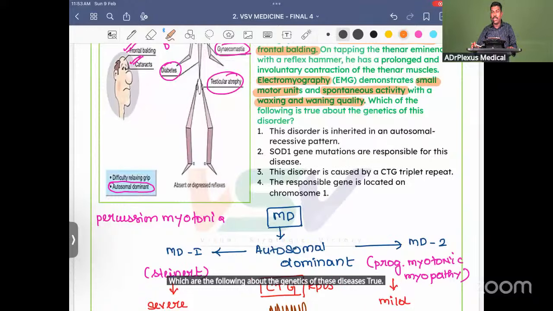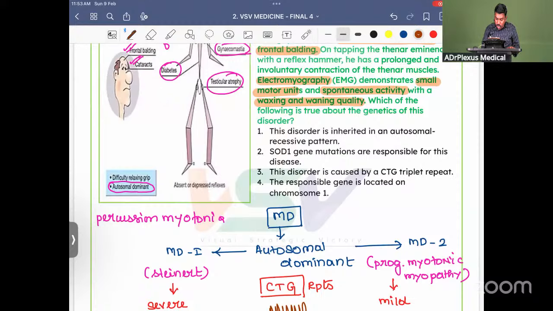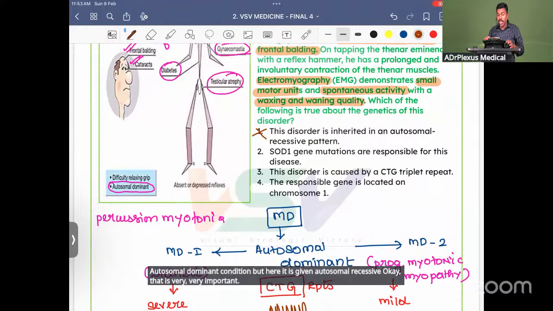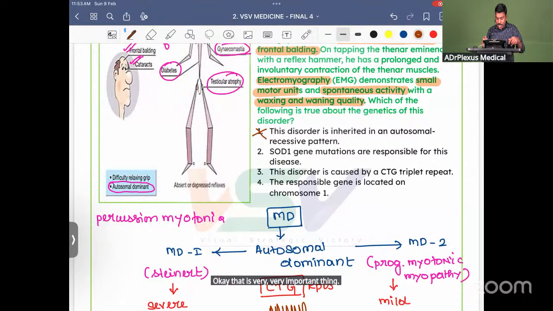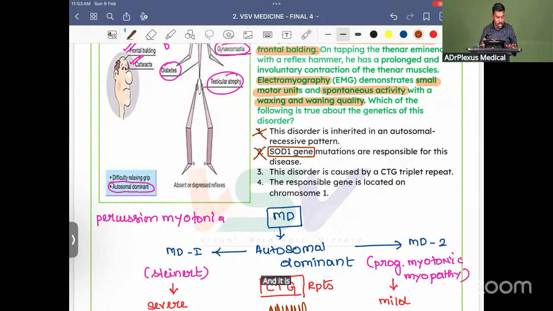Coming by the order, it is an autosomal dominant condition, but here it is given as autosomal recessive. That is very, very important. Then the second important thing is that SOD gene mutation is not associated. It is associated with DMPK1, and very importantly ZNF9 in patients with type 2.